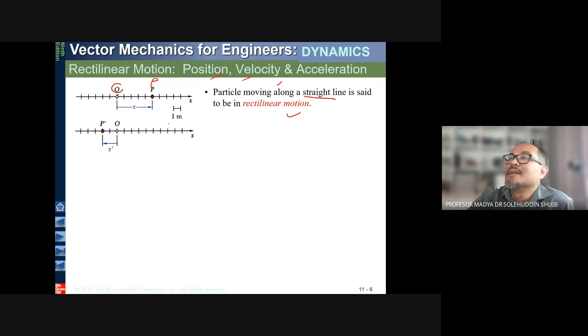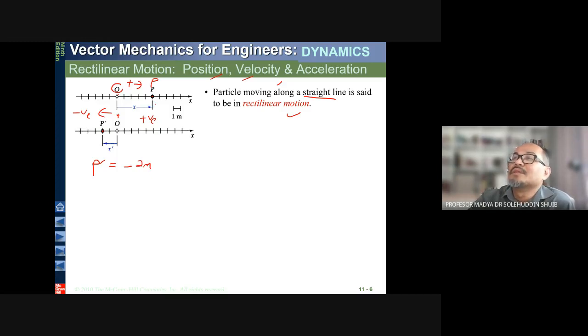This is P, and every unit of the scale is 1 meter, so P is at 5 meters from the datum. Going to the right is positive, and going to the left is negative. So this is P prime, which is X prime, at minus 1, minus 2 meters.